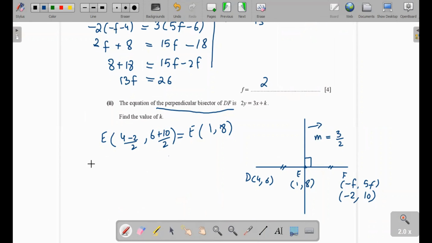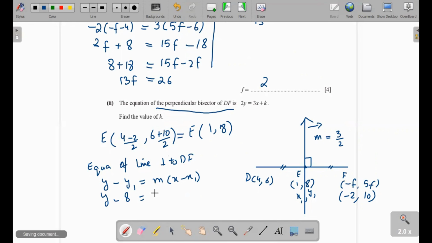Therefore, the equation of the line perpendicular to DF is y minus y1 equals m times (x minus x1). Here y1 is 8, m is 3 over 2, and x1 is 1.